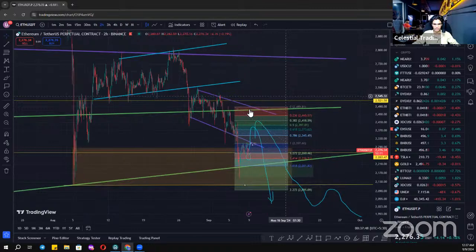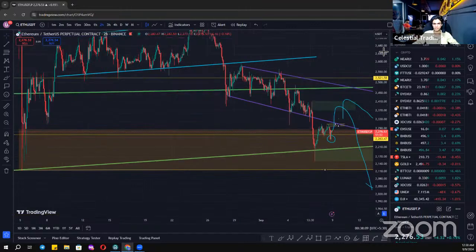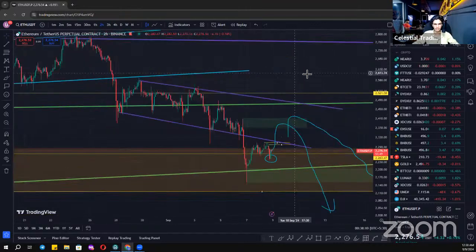You can see here, we have exactly the same price here. Okay, you see, it has come to the golden zone, and it's running. So we make money on both sides.